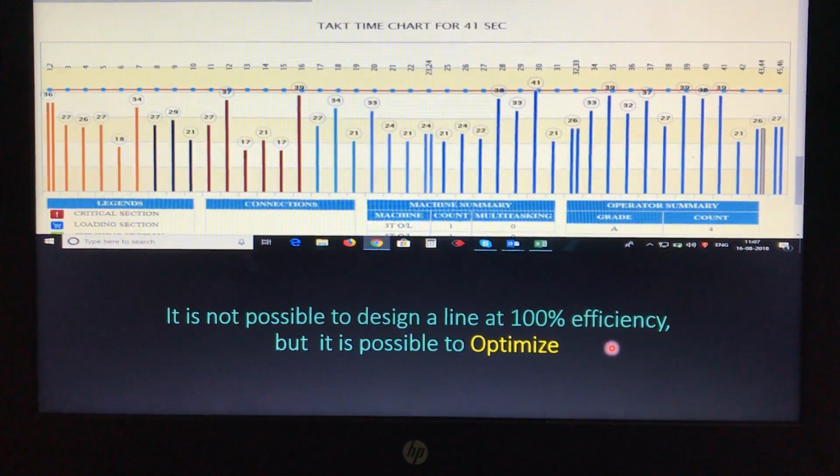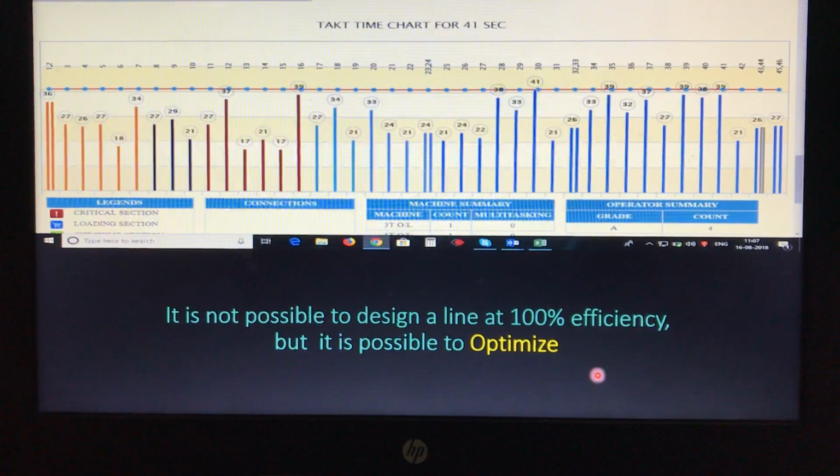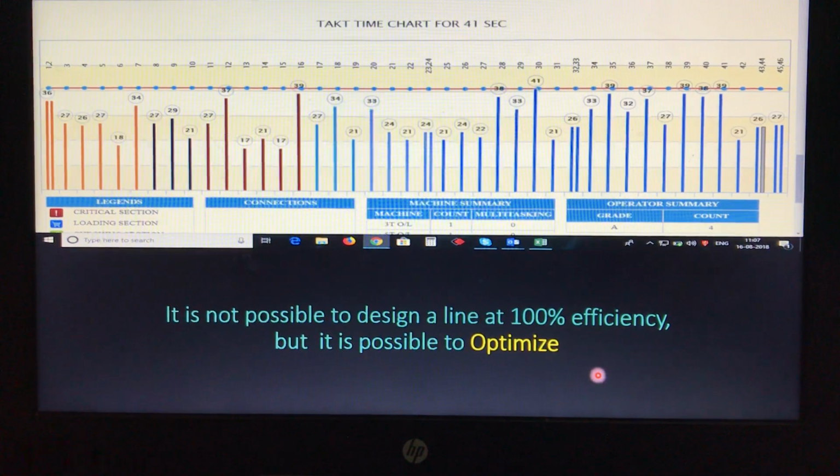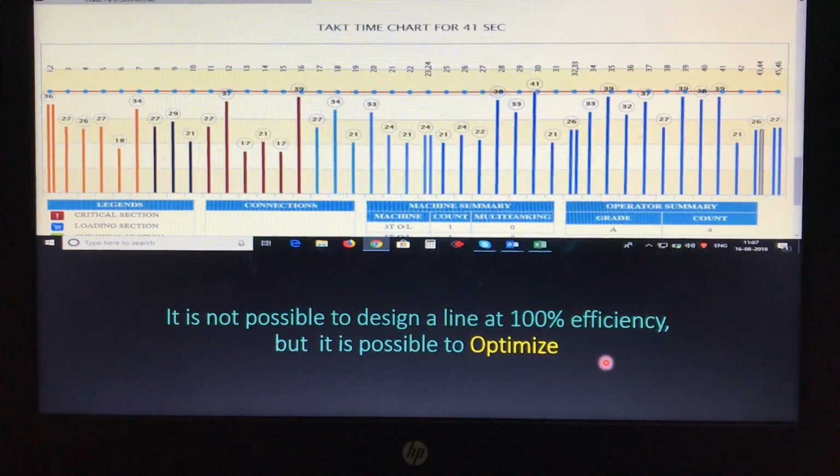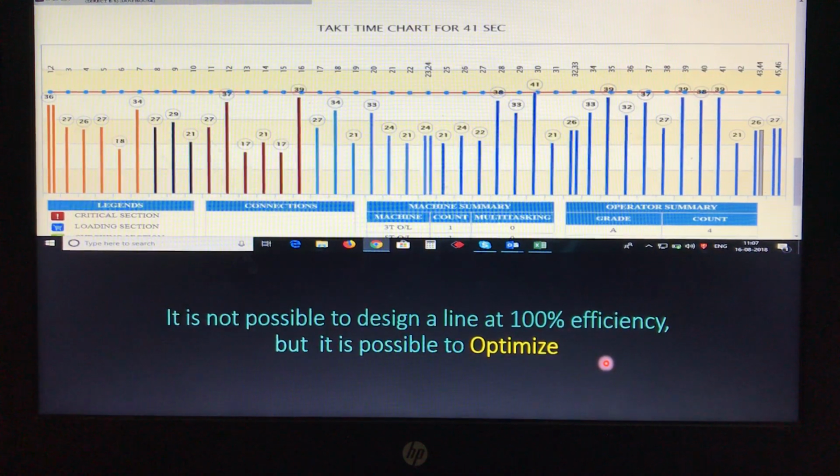So this is one key thing one has to understand, that it is not possible to design a line at 100% efficiency, but it is possible to optimize. So line design is basically a tool or a method which helps you to optimize your line.